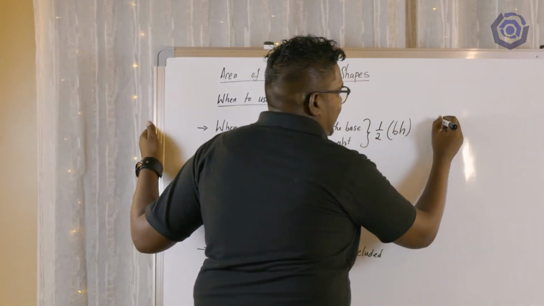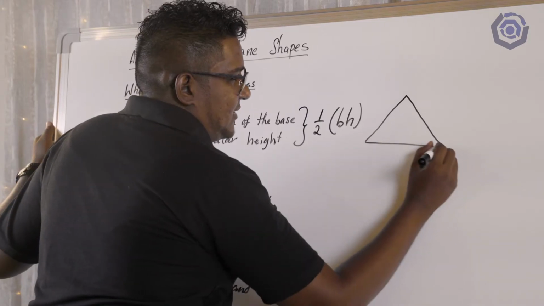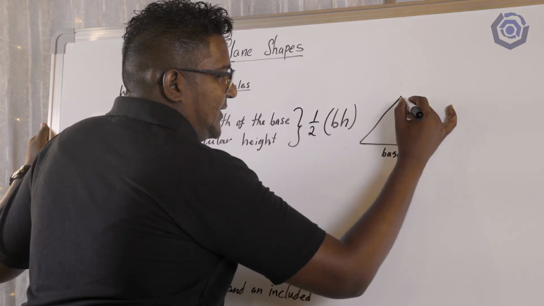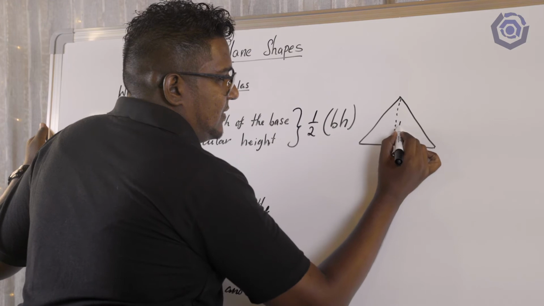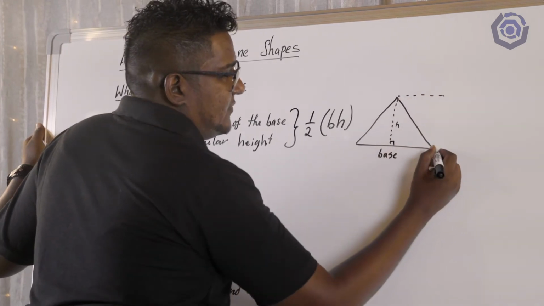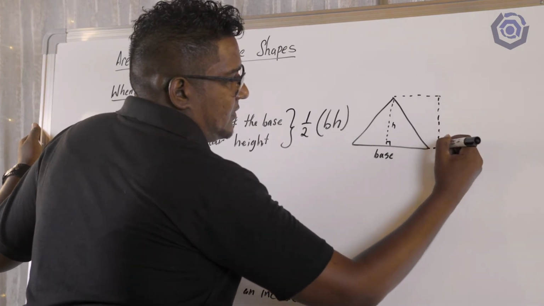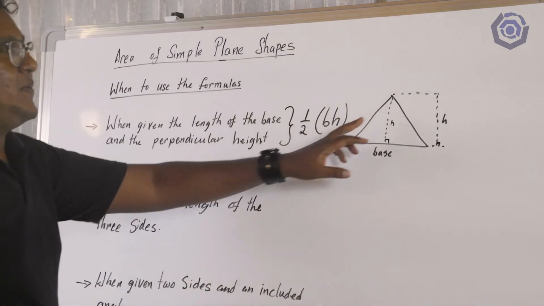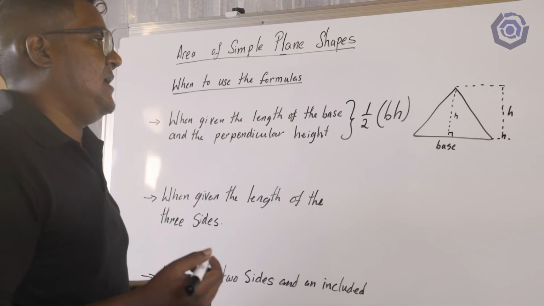If you remember from the examples, when you're given a triangle with the base, you look for the perpendicular height, which comes in the middle, or sometimes it's given on the outside. Remember, perpendicular is when two straight lines come together to form a 90-degree angle.